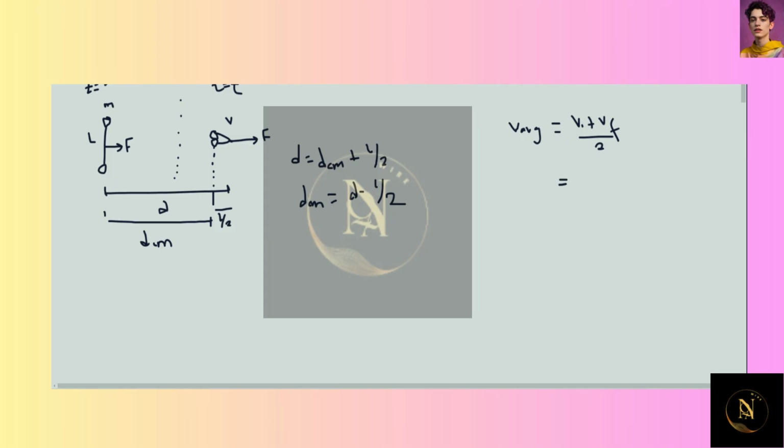You'll notice since V initial is 0, that's just V final over 2, and V final is just V. So the average velocity is V over 2.